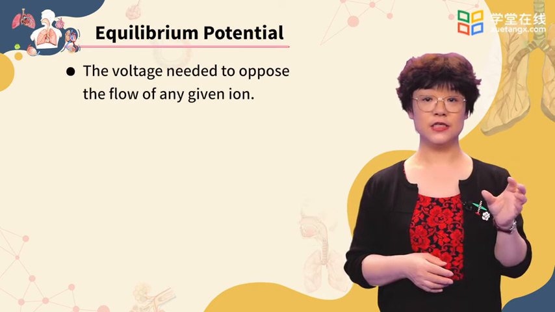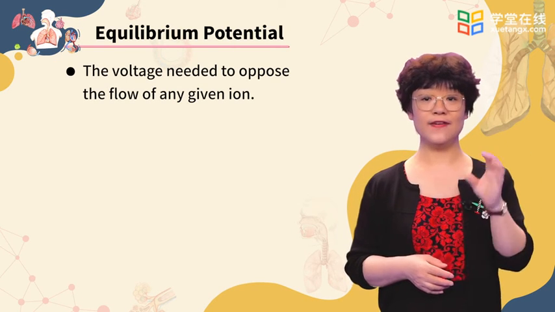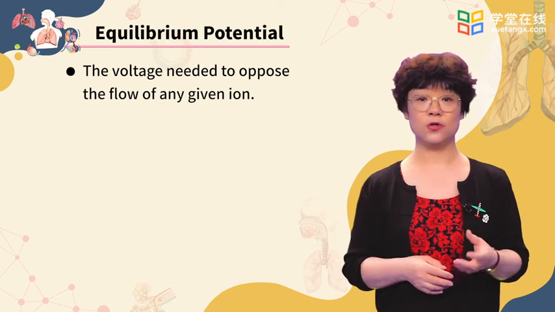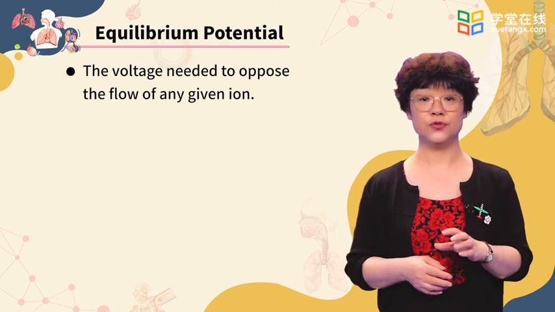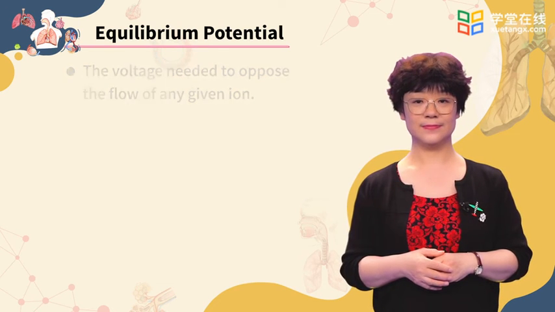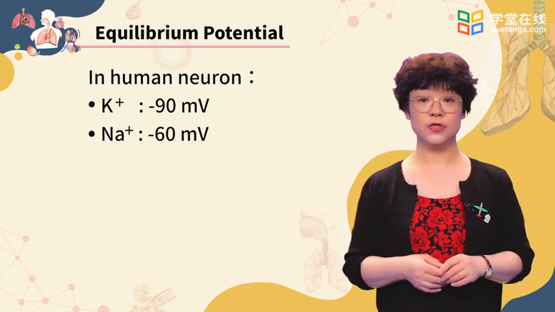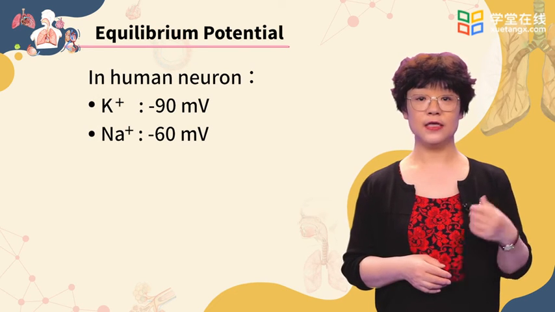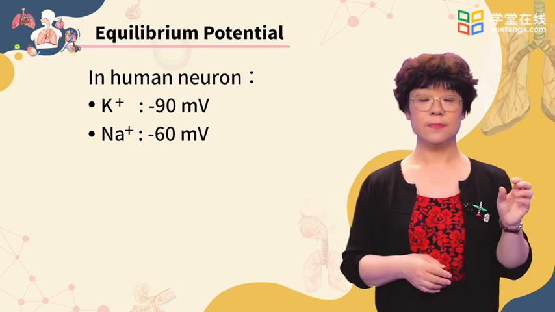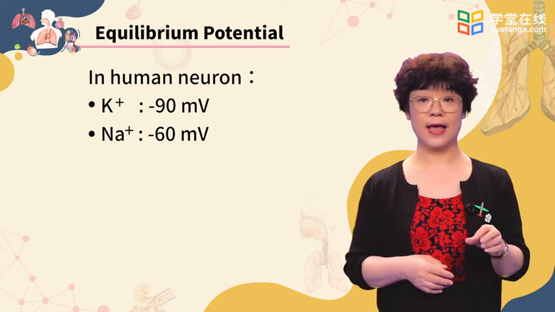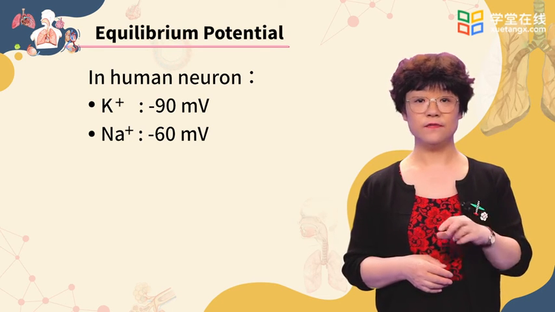The voltage needed to oppose the flow of any given ion is thus called the equilibrium potential for that ion. For human neurons, the equilibrium potentials for potassium ions and sodium ions are minus 90 millivolts and minus 60 millivolts respectively.